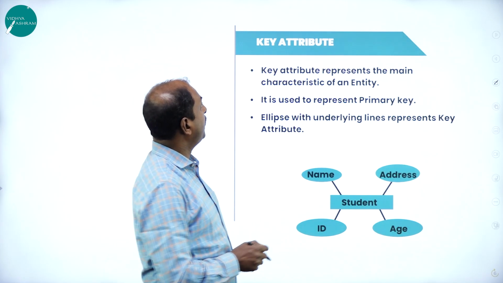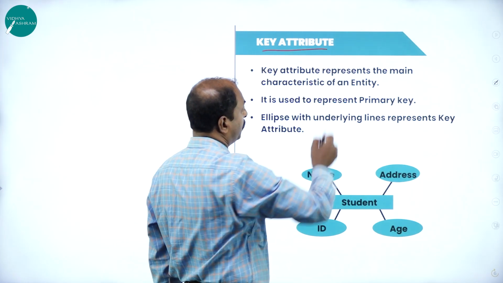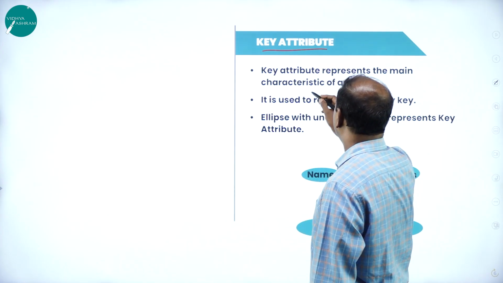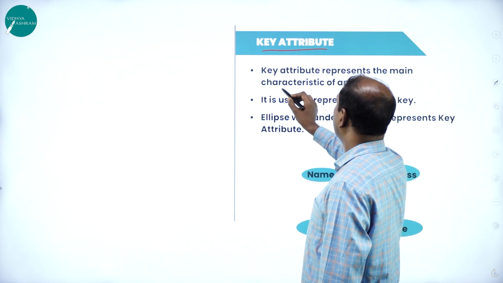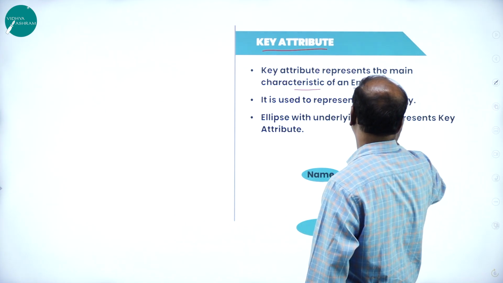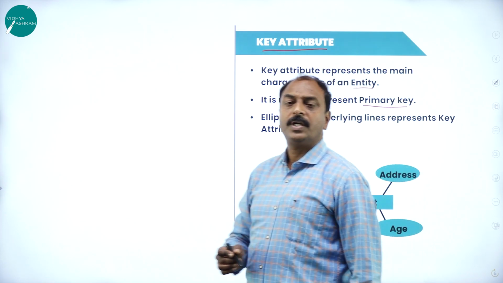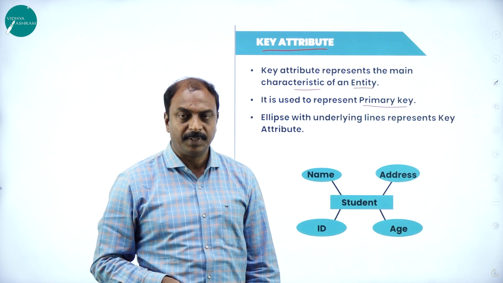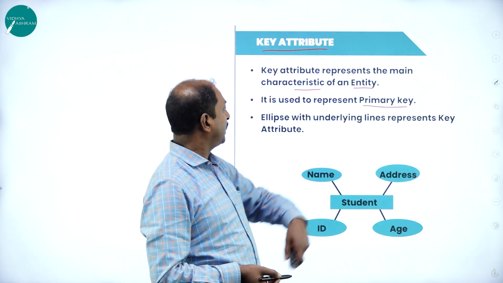Next one is key attribute. Now you know what an attribute is. A key attribute represents the main characteristics of an entity, and it is usually represented as a primary key in a table. Now we are going to discuss different types of keys in a database or DBMS. One of them is the primary key.